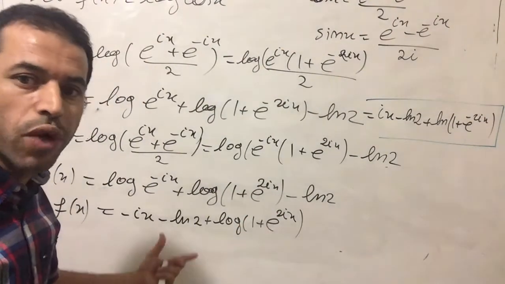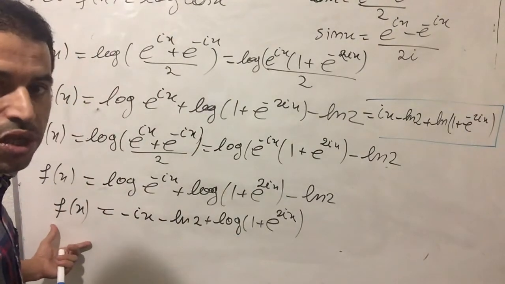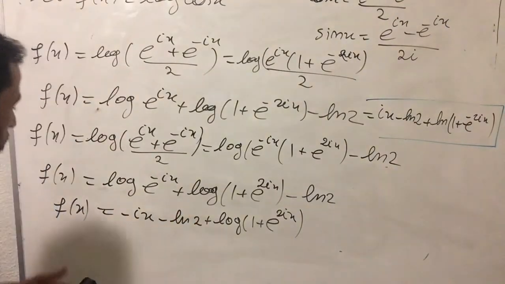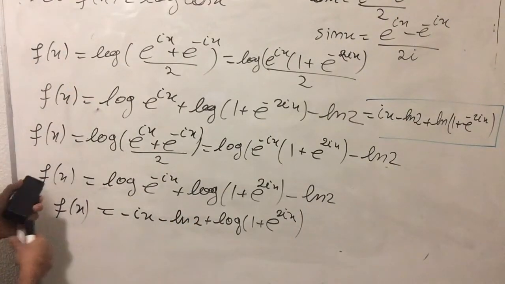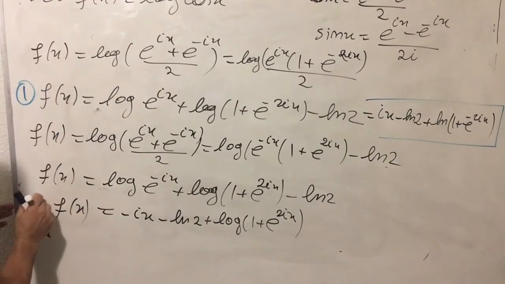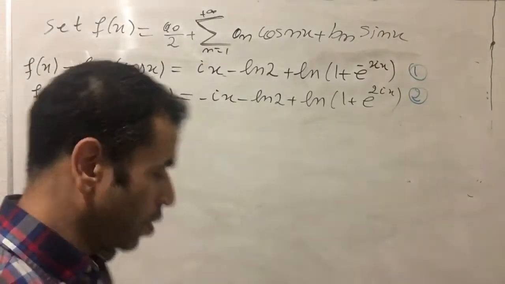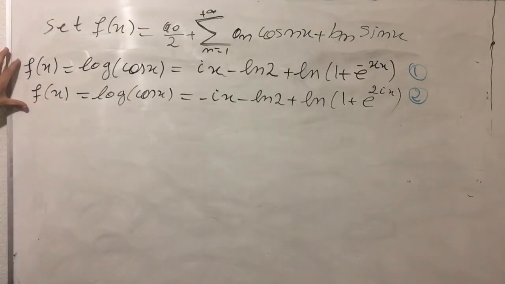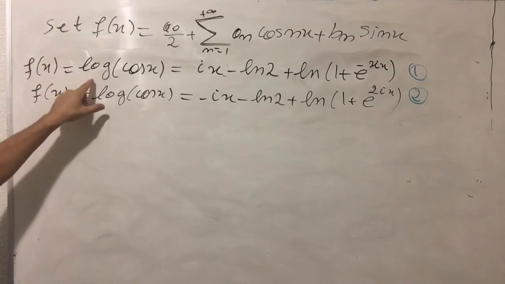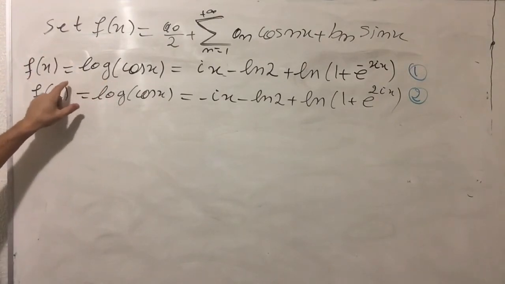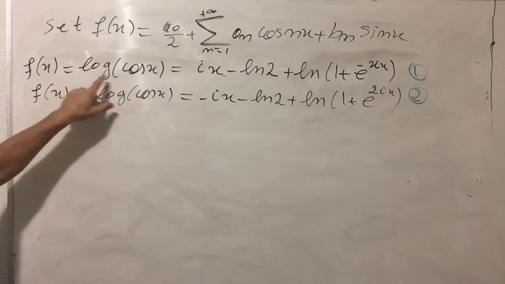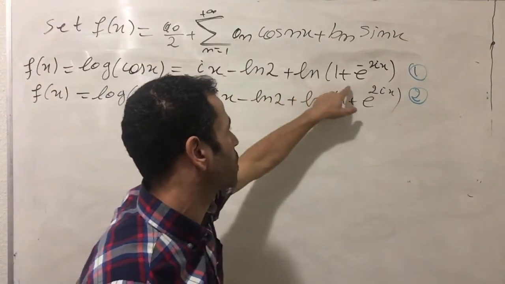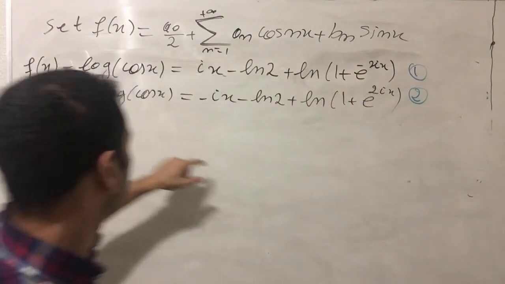What I'm going to do now is add the first equation and the second equation. Now we were at these expressions. We found the same function, natural log of cosine x, equal to ix minus natural log of 2 plus natural log of 1 plus e to the minus 2ix.